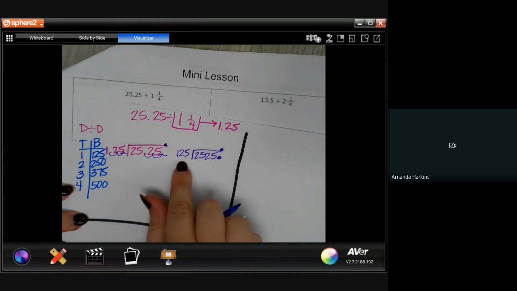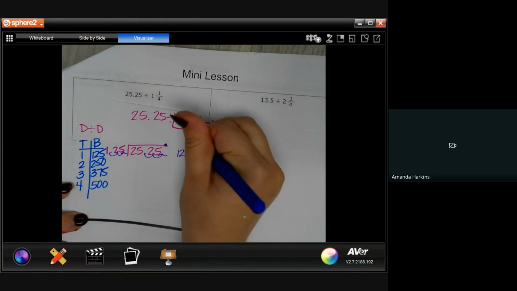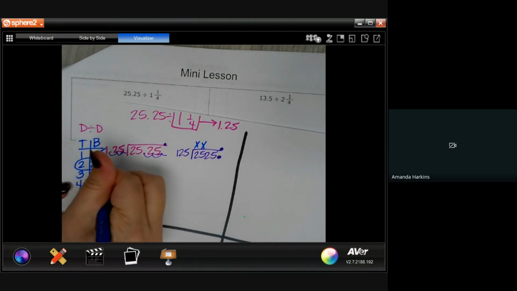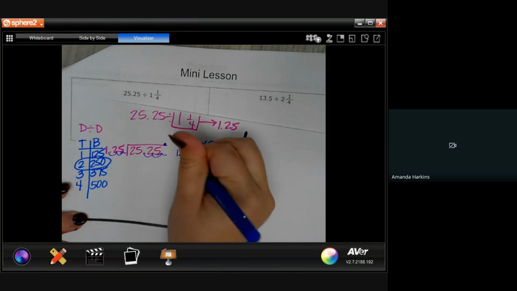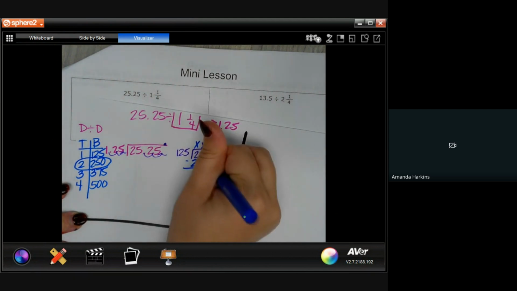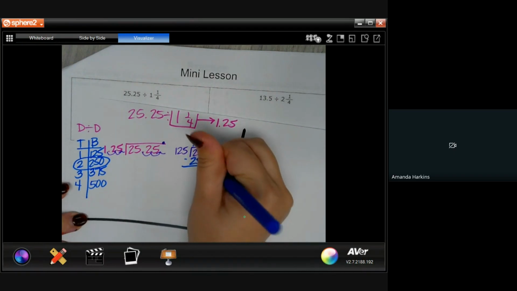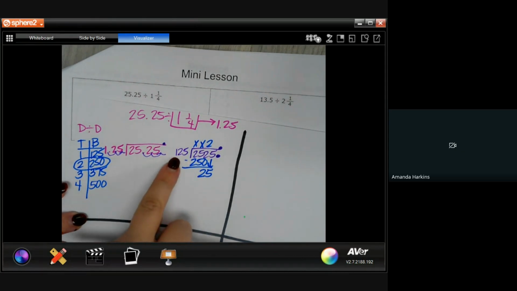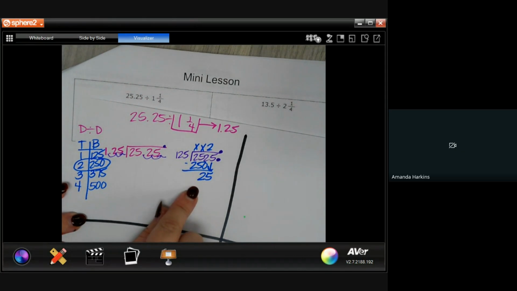So I know that 125 cannot go into 2. It cannot go into 25, but it can go into 252 twice. Subtract, that's 2. Bring down my 5. Now, can 125 go into 25? No, it's too small, right?